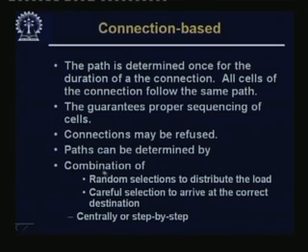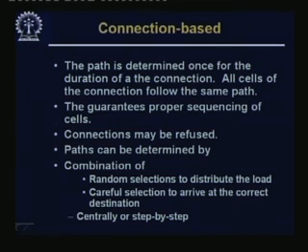Paths can be determined by a combination of random selection to distribute the load. You remember that in a multistage switch especially, there are various paths from the input to the output. There are various possible paths. So, if one path is not alright because of maybe some defect, or maybe one path is not very good because at that particular point of time that part is very loaded, you may route your path through some other part of the switch.